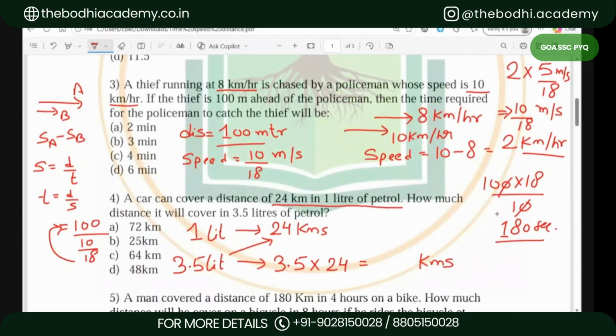Now 1 minute is 60 seconds, so 180 seconds will be 180 upon 60. 0 cancel, 0 cancel, 6 ones are 6, 6 threes are 18. So 3 minutes will be the answer, because the answer is asked in minutes. This is how you have to solve the question. First, you have to use the concept of relative speed.